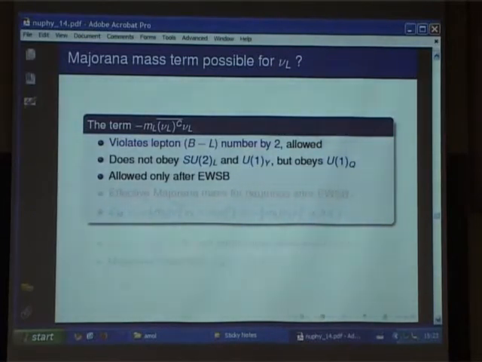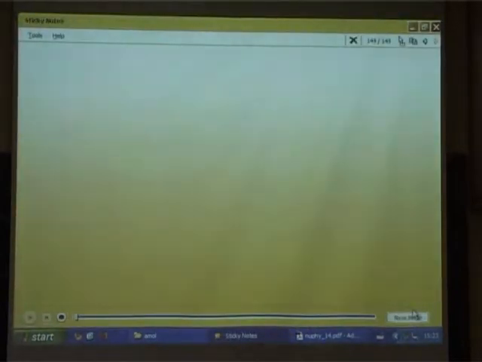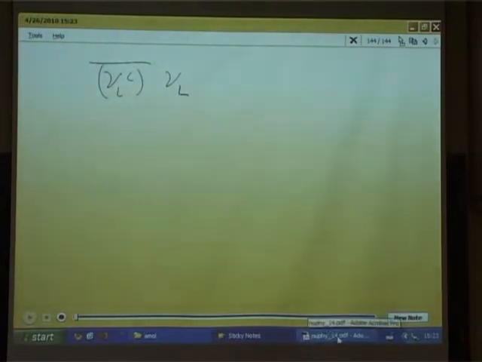For nu_L, what is the value of U(1)_Y? Because Y of nu_L, one can find out Y, right? How does one find out Y?